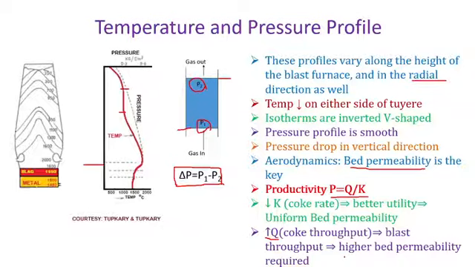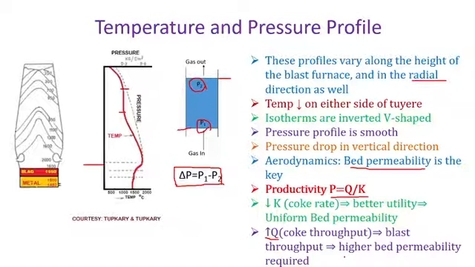Otherwise, what will happen? Different types of irregularity, like channeling. What is channeling? Channeling means preferential flow of gas, that means through channels, it will form channels inside the blast furnace. Or flooding, or hanging. That means the gas will take some amount of liquid from the bottom to the top.